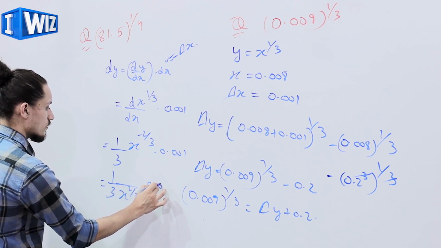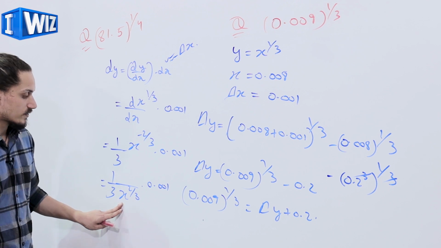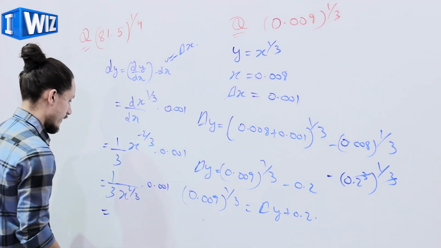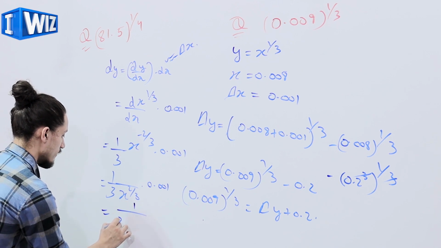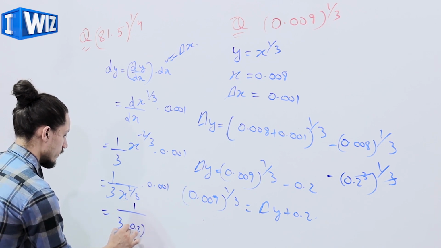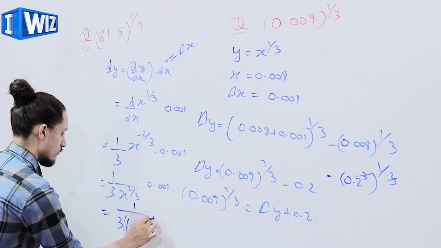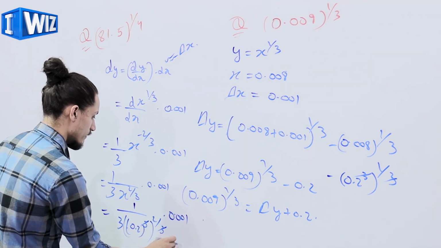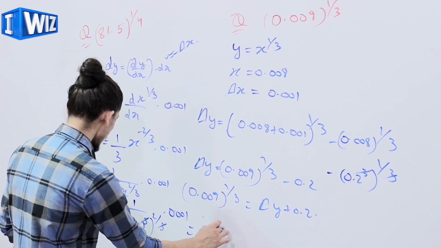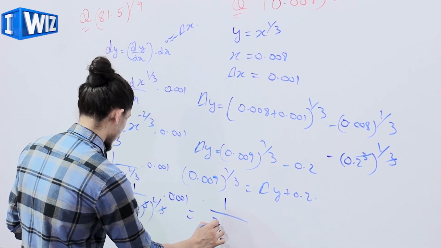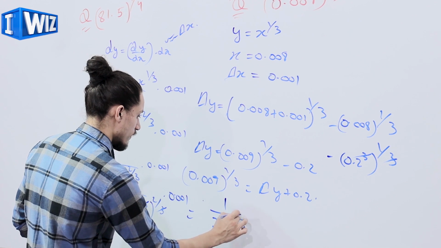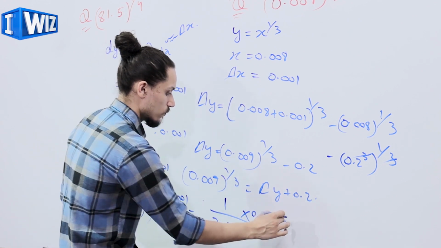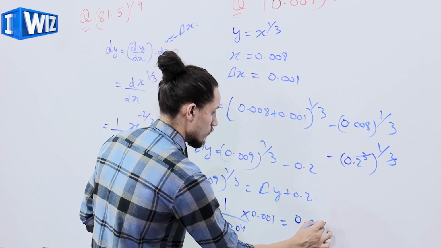Now we have x raised to power 2 by 3, and the value of x is 0.008, so I can write it as 1/3 into (0.2 raised to power 3) raised to power 2 by 3, the 3s cancel, into 0.001, which is equal to 1/3 into 0.04 into 0.001, which is equal to 0.008.